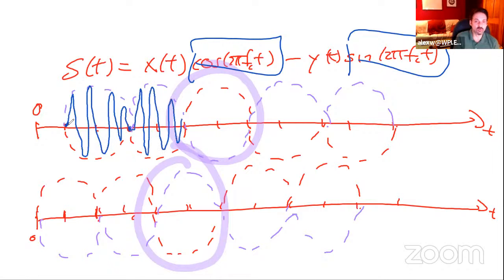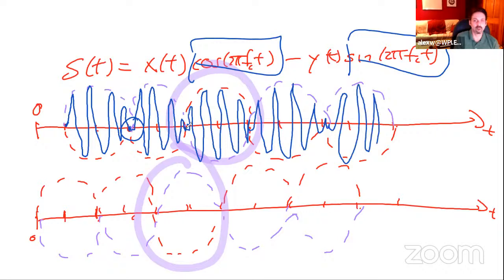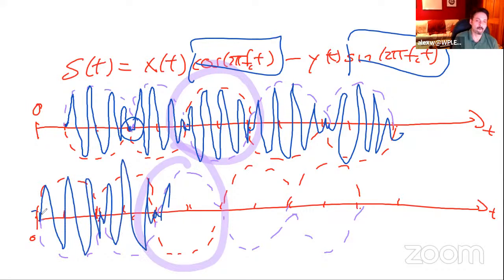And notice that you have the cool transition here, right? Because it's 0. Here, we're going to get a phase change of 180 degrees. Another phase change. And what happens is we have graceful transitions between every symbol. 180 degrees phase change.